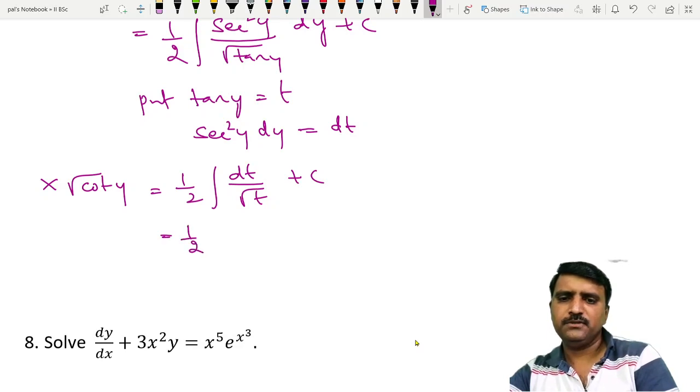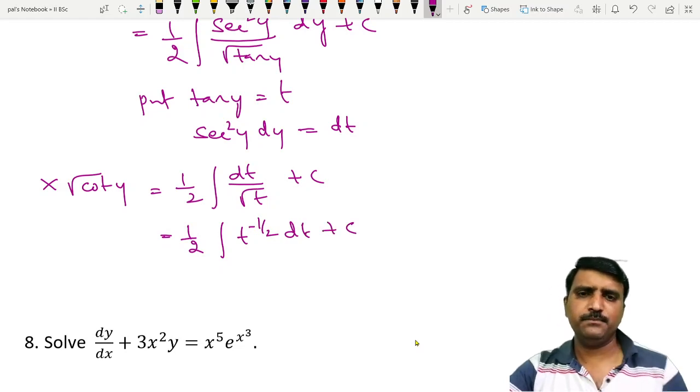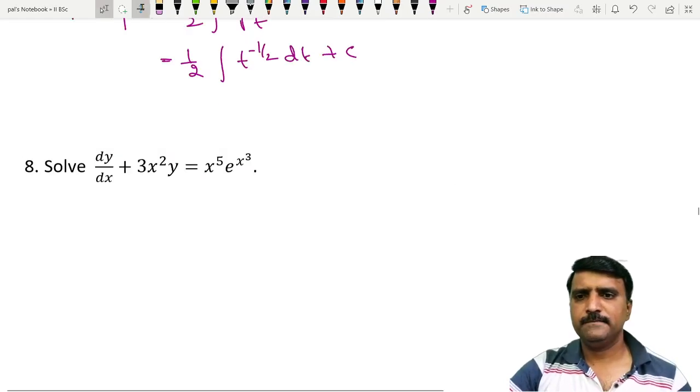We have to integrate this: 1 by 2 into the integration of t to the power of minus 1 by 2 dt plus c.